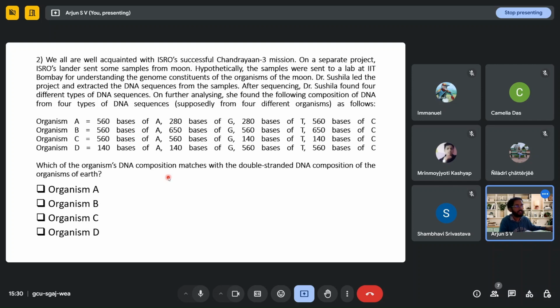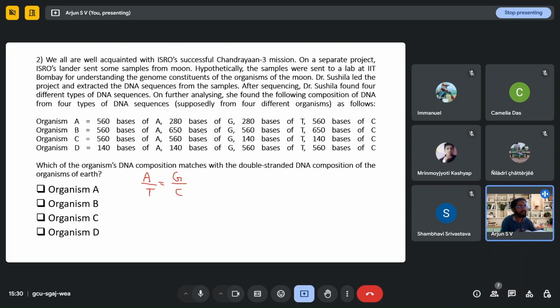Once again, I'll open my pen. So basically, A by T will be equal to G by C. This is the basis of Chargaff's rule.